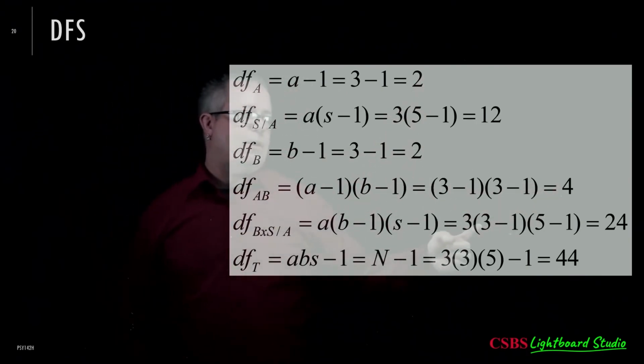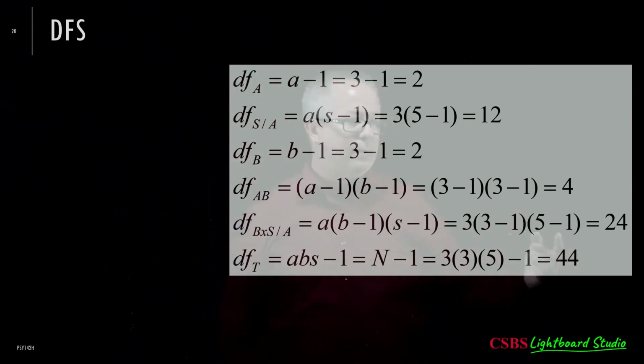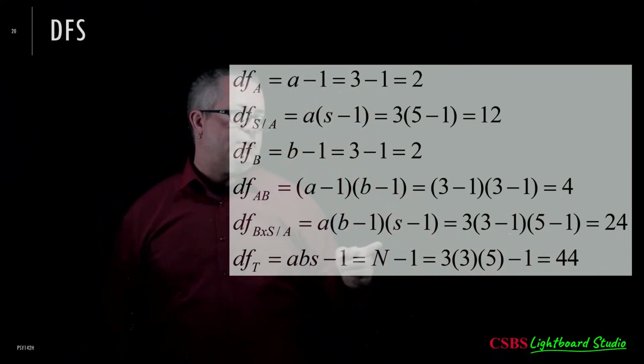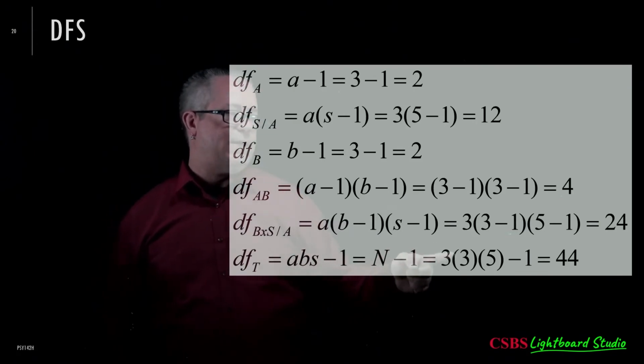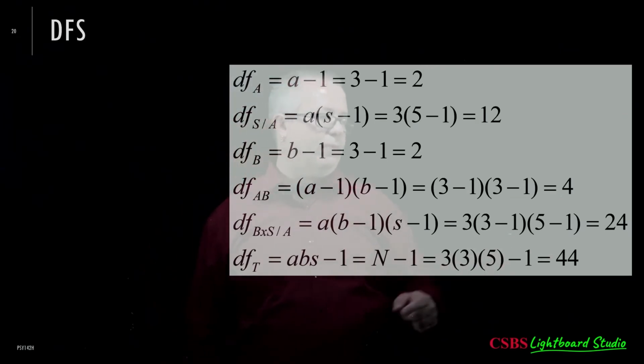And then here we got our interaction between S and B. So 2 times 4 is 8. But then you're multiplying it by A, which is 3, which is why you get 24. And then this is our A times B times S, so 3 times 3 times 5. This is our 45 minus 1 is 44.